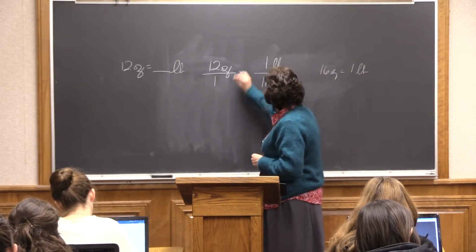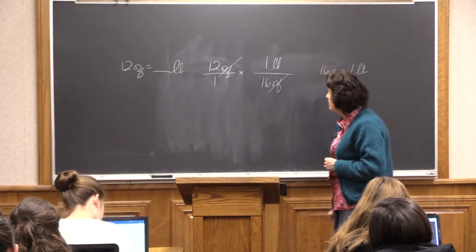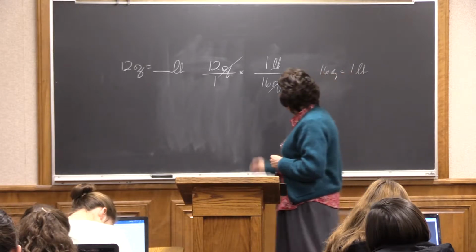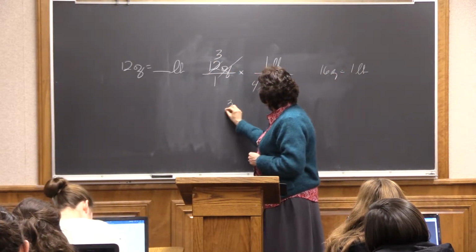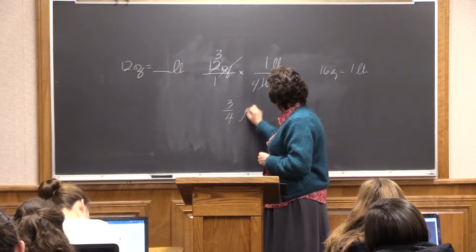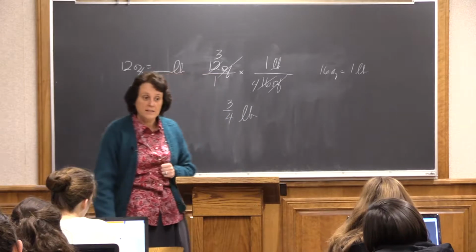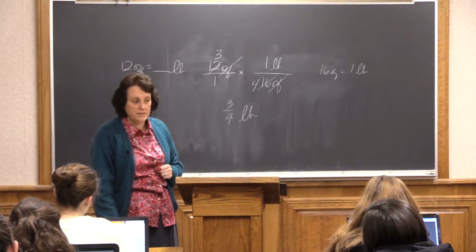This will be correctly set up when we can cross cancel out of ounces and be left with pounds, and you can see that fraction math gives us the correct answer. 12 ounces is 3/4 of a pound, not 0.75 pounds. It's 3/4 of a pound.